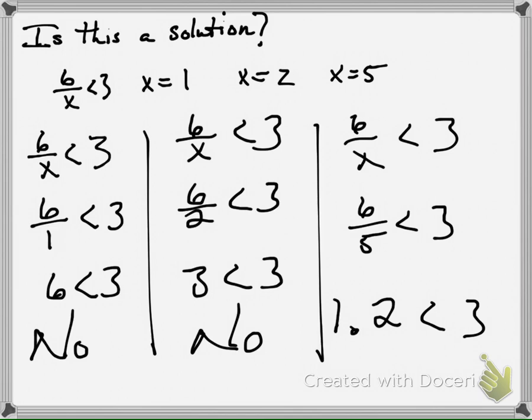So is 1.2 less than 3? Yes, it is. 1.20 is less than 3. So my answer is yes, that is a solution. Okay, so that's what we do when it asks, is this a solution?